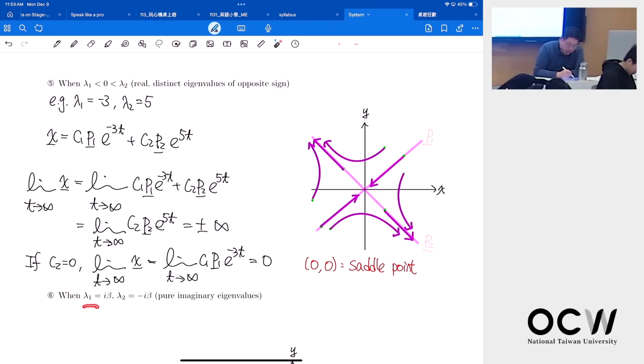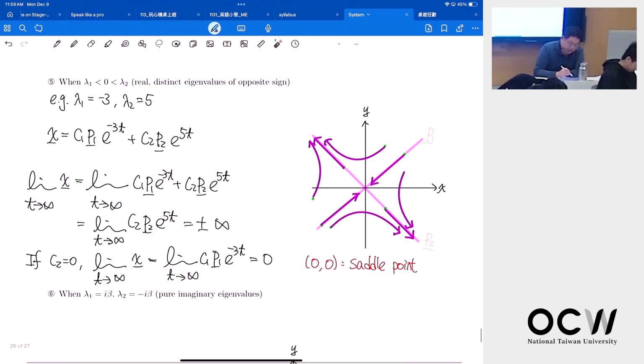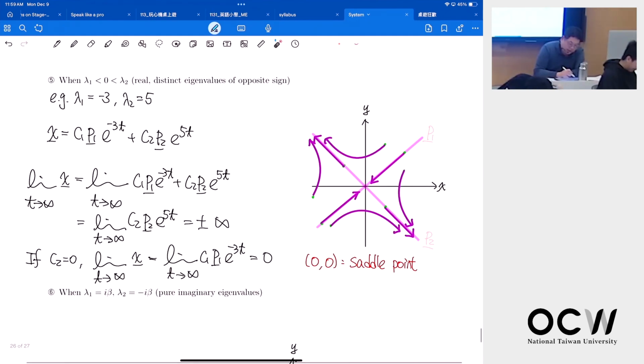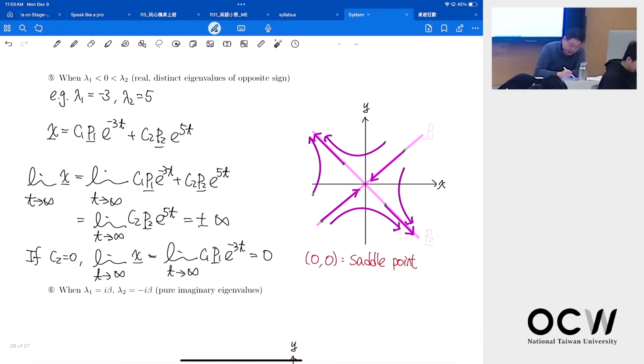Lambda 1 equals i beta, and if I have complex numbers for the eigenvalues, they should come in pairs. I have i beta, then I expect another eigenvalue to be minus i beta, the conjugate of your first eigenvalue.